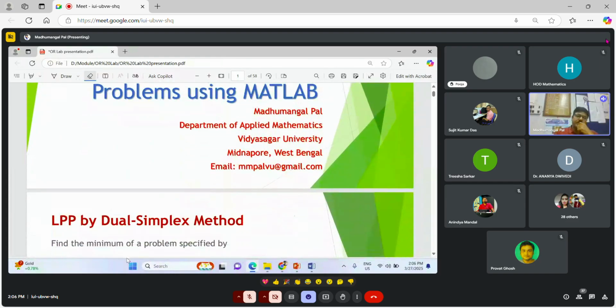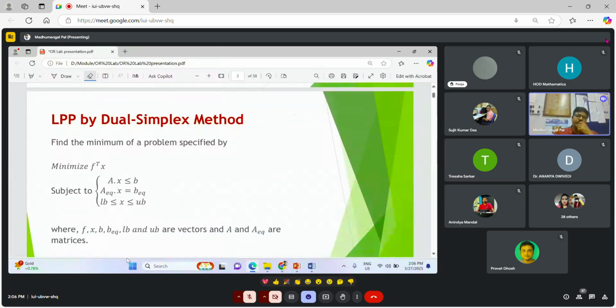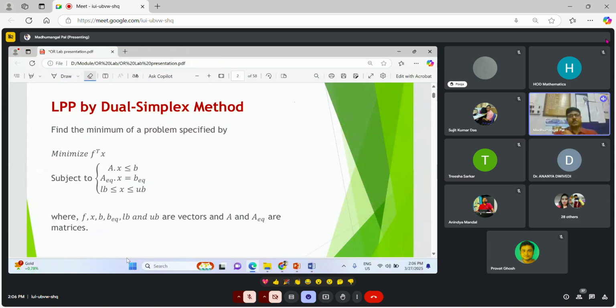I am starting from the solution of LPP using the dual simplex method. Everybody knows LPP can be solved using the simplex method, and dual simplex is a modified form of the simplex method. It has some advantages. There is no concept of big M. That's why we can use the dual simplex method. But the simplex method is the pioneer method to solve LPP.